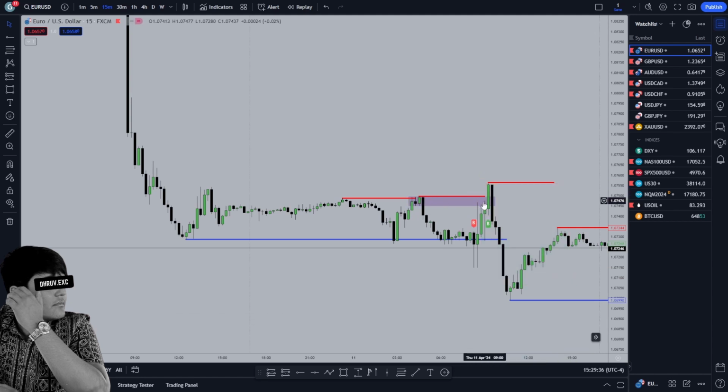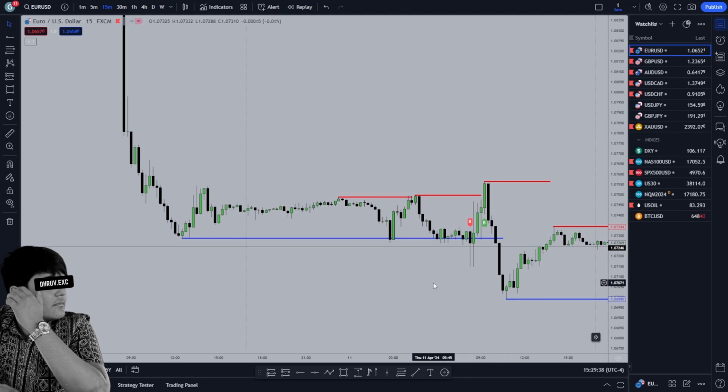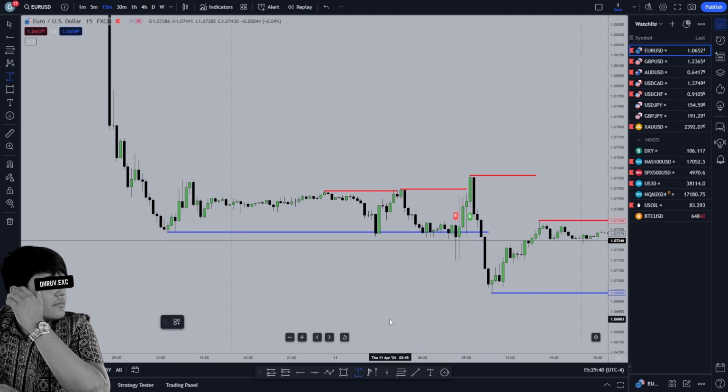Okay, so now what will our entry be, as traders who are trying to find out liquidity in the market? And what is liquidity? Liquidity is the stop loss of lots of traders. So now we know that there are lots of traders who are using this indicator, right? And there are lots of traders who are by themselves finding out this supply zone.